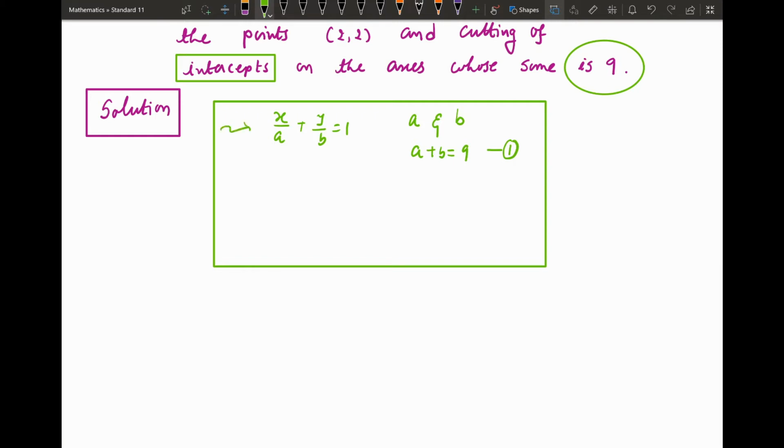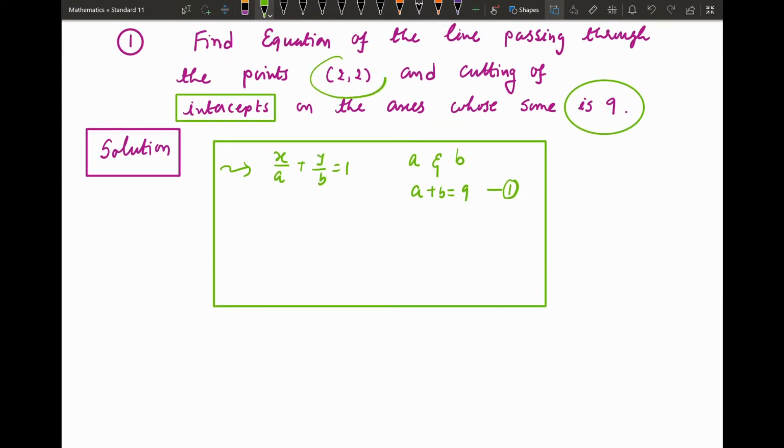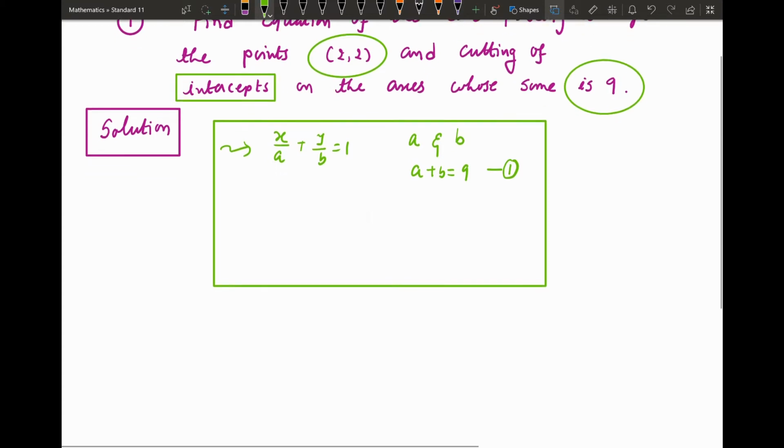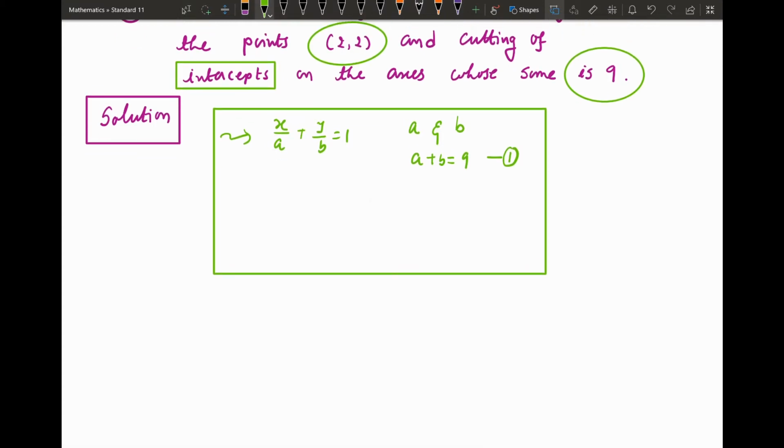Since this line passing through point 2, 2, that means the point lies on the line, so its coordinates will satisfy the equation. So if we put x equal to 2, y equal to 2, then 2 by a plus 2 by b equal to 1.